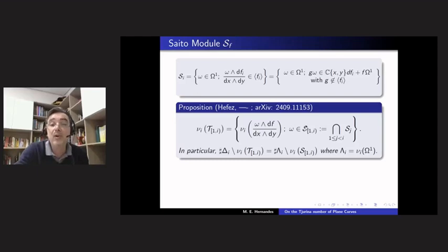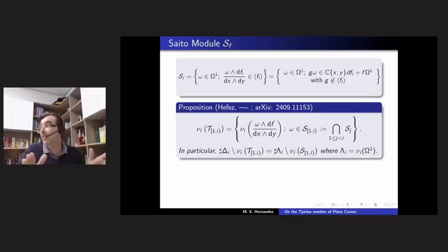And here, as before, this notation indicates the intersection of the Saito modules. And using this interpretation of the Tjurina ideal, we can obtain that the cardinality of the difference of delta i minus the value set of the Tjurina ideal is precisely the cardinality of lambda i minus the valuation of the Saito module. And lambda i denotes here the valuation of one-forms.